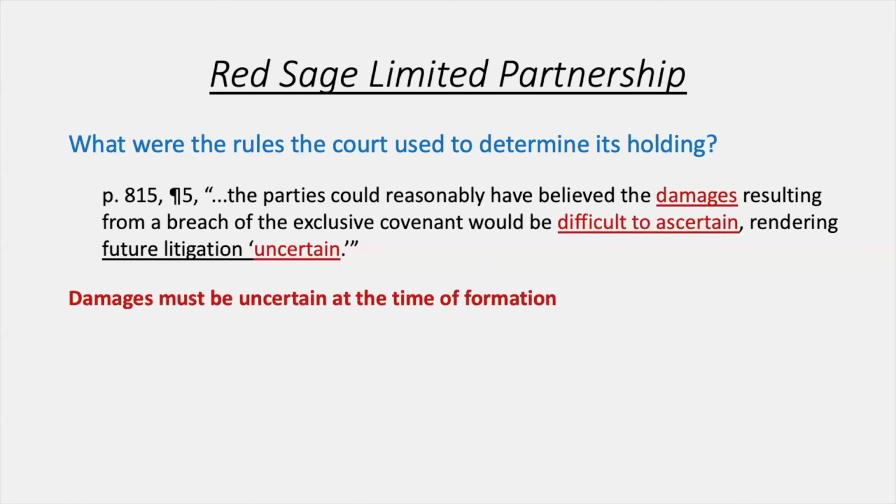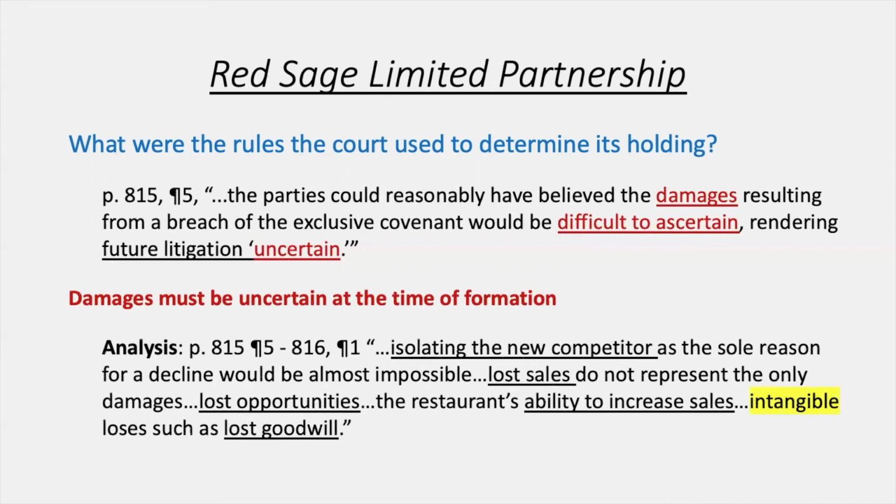So damages must be uncertain at the time of formation for a liquidated damages clause to be enforced later and valid. And here the analysis was on page 815 to 816, where it talked about new competitors, lost sales, lost opportunities, loss of goodwill. These are all intangibles that are very difficult to measure and very difficult to predict, especially when we don't know what type of competitor might be entering the building.